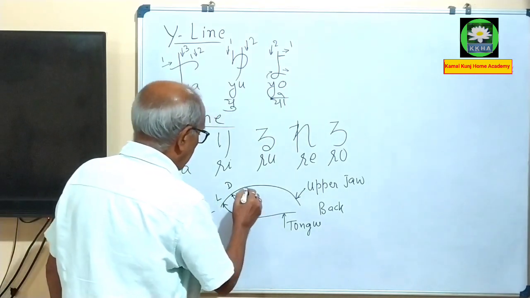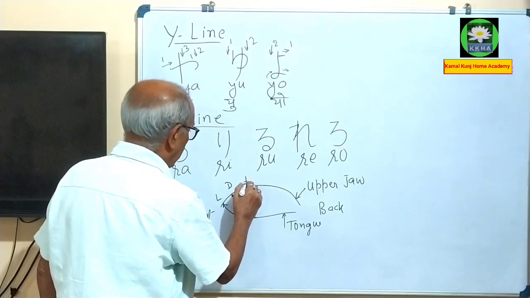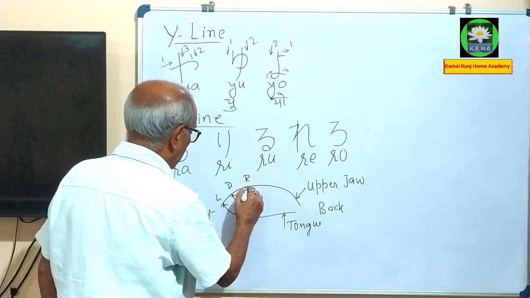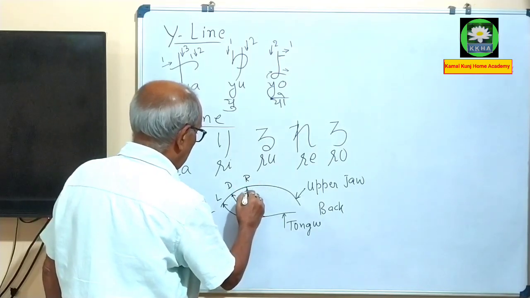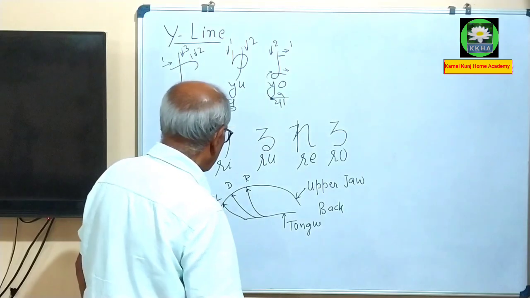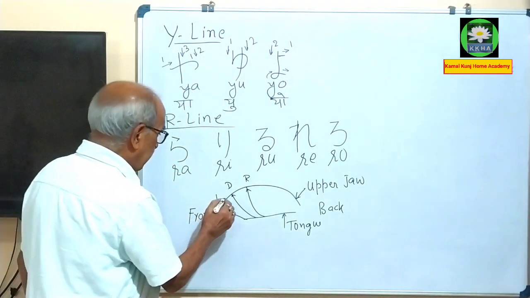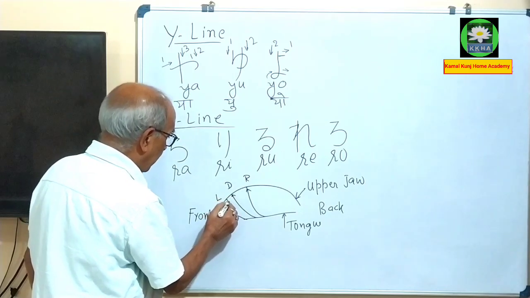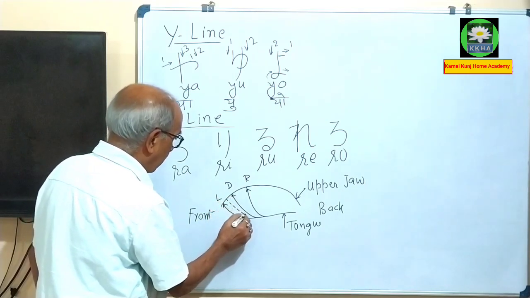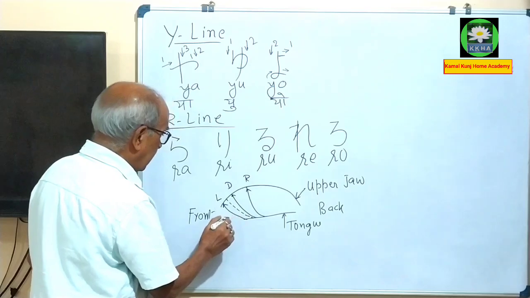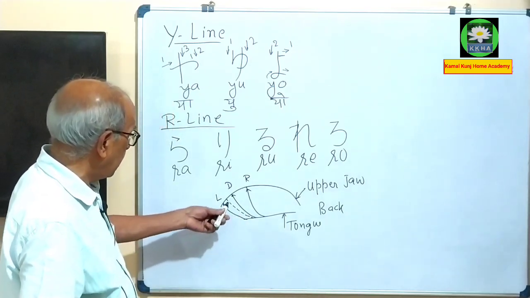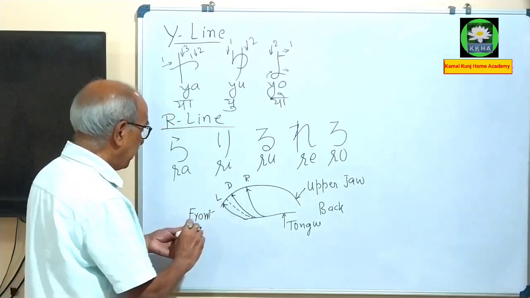And the English R sound is somewhere here. This is the R sound. Now the Japanese R sound lies somewhere between L and D here. The position of the tongue for the Japanese R sound is somewhere here between L and D.